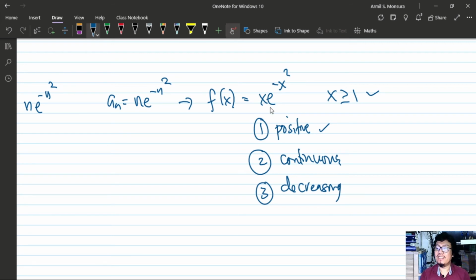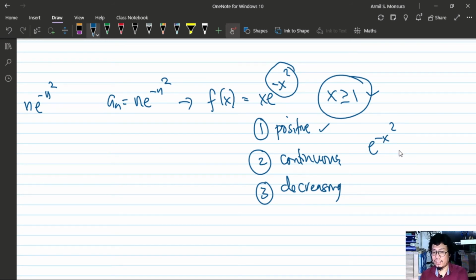We know for a fact that exponentials having negative exponents are decreasing functions. Much more, x is actually increasing in this interval because you're increasing x. So therefore, the exponent here becomes more and more negative, and that makes e raised to negative x squared more and more decrease as x is increasing.